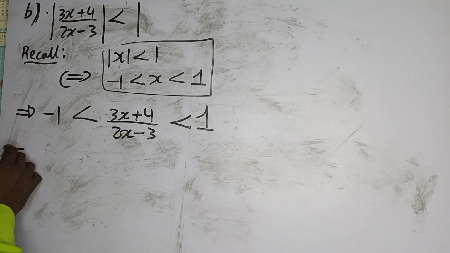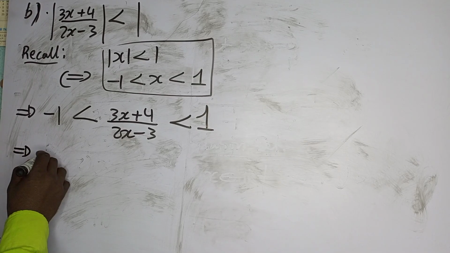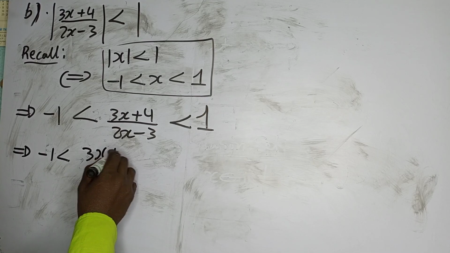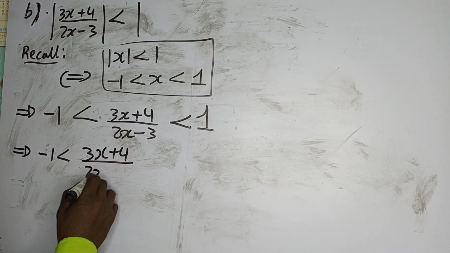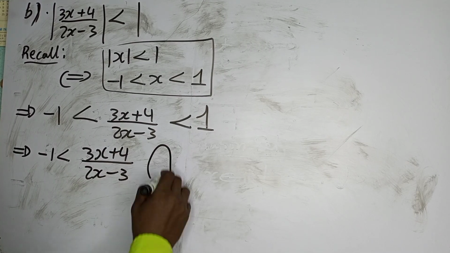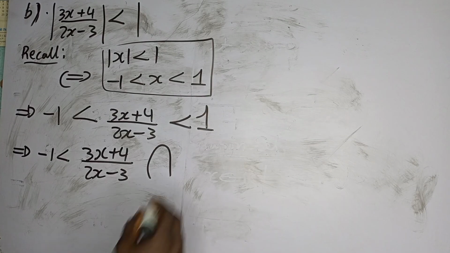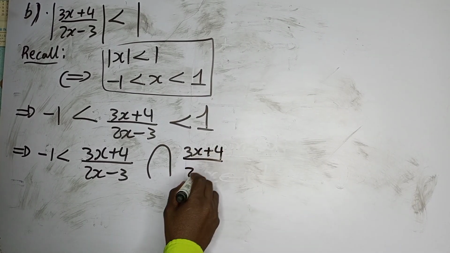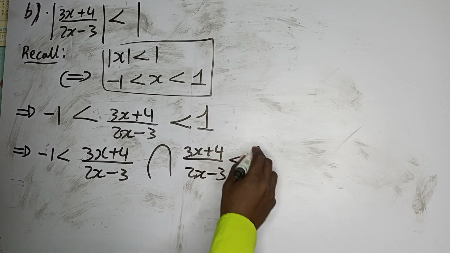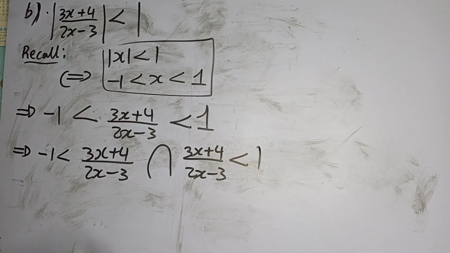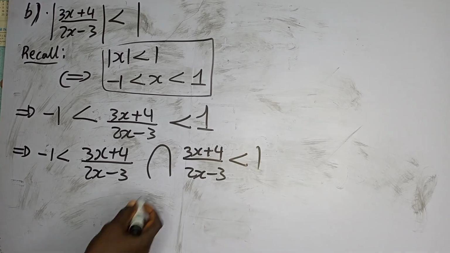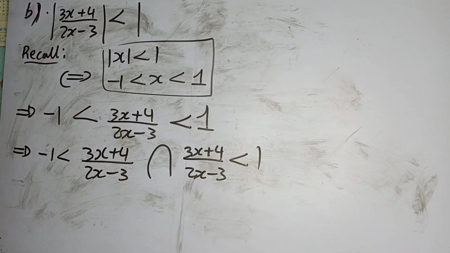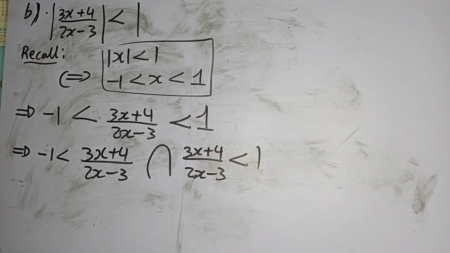And so this will be negative 1 less than 3x plus 4 all over 2x minus 3, intersection, the same middle member 3x plus 4 all over 2x minus 3 less than 1. We'll get the solution set of this inequality and we'll intersect it with the solution set of this other inequality. Let's start with this one.